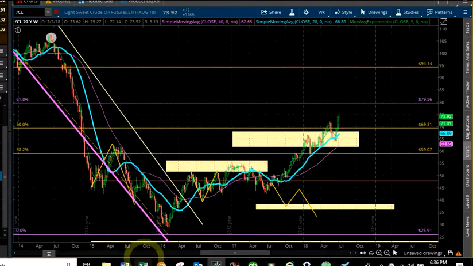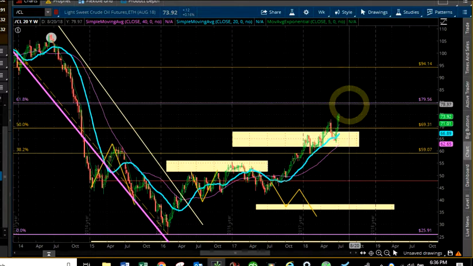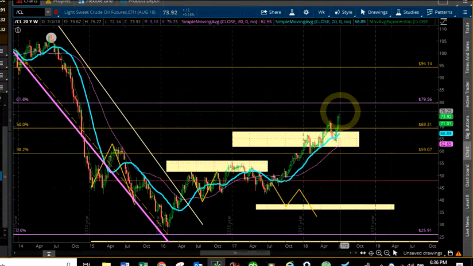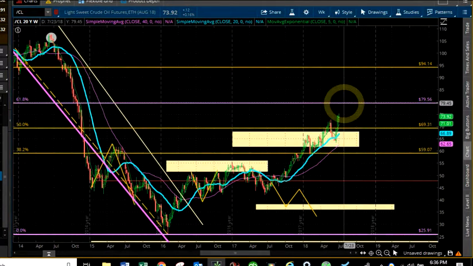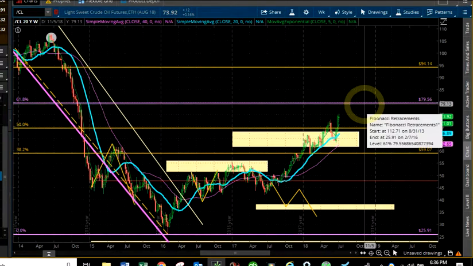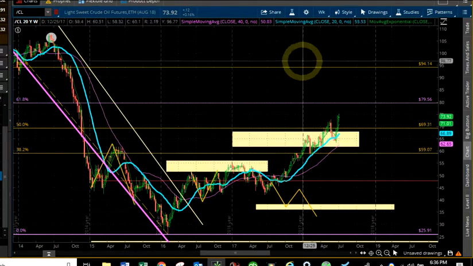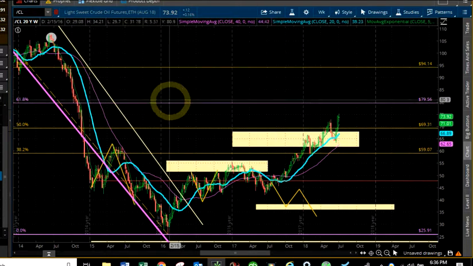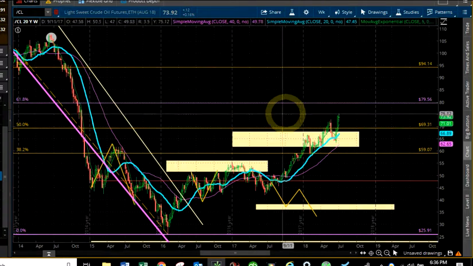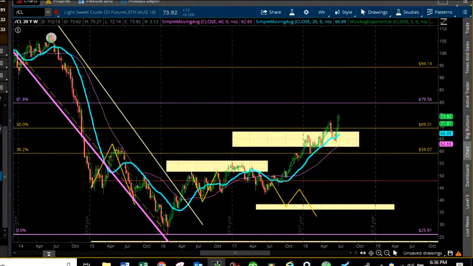But if this is an A and a B, and then we're looking for C, then 62% is not unheard of. So maybe oil goes as high as up here around $78, $79, and then starts to roll over. It still wouldn't be long too many energy stocks at this point, but I don't know. I'm surprised it's gone this far. So maybe you shouldn't listen to me on oil, or on some other things too, for that matter.